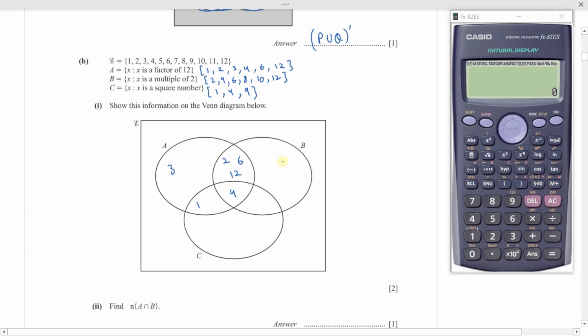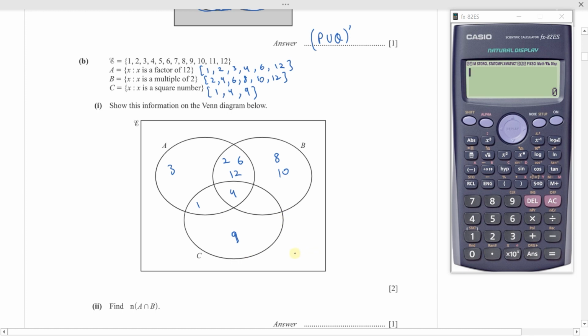Now let's look at set B here. So you already written 2, 4 already present here, 6 is already here, 8 is not, so we write 8, 10 is also missing, so 10, and 12 is already written here. And let's move on to C here. 1 is already here, 4 is already here, 9 is missing, so we write down 9 here.